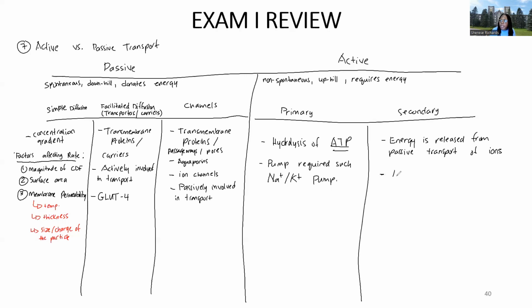And then the example would be the sodium-linked glucose transporter, which was an example of co-transport. And then we also talked about counter transport, which is moving in the opposite direction. So that's going to be another example of secondary active transport. So it can be co-transport, both items moving in the same direction, or counter transport, moving in opposite directions.